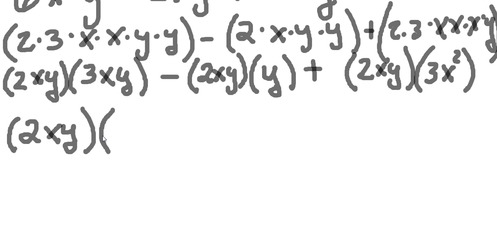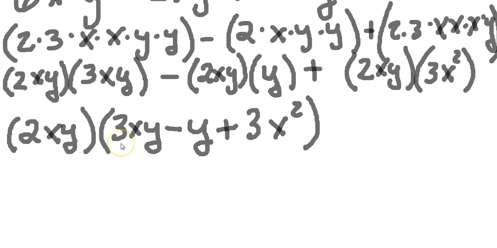And the way this looks is we have open 2xy closed, open, the first term we still have that 3xy. The second term we have 2xy times y, so then we just do the minus y. And the last we have plus 3x squared.